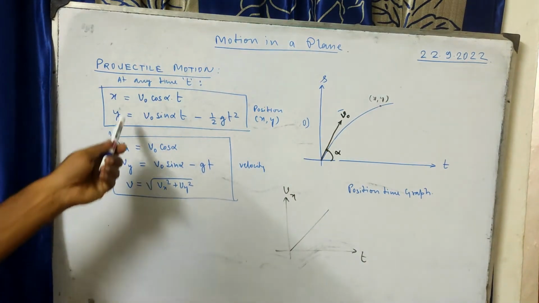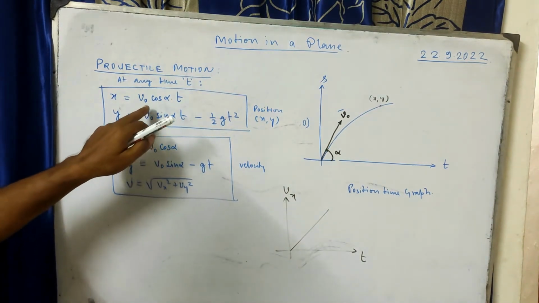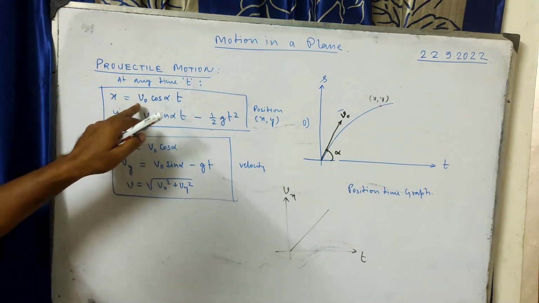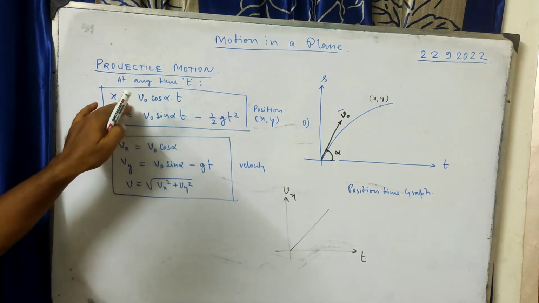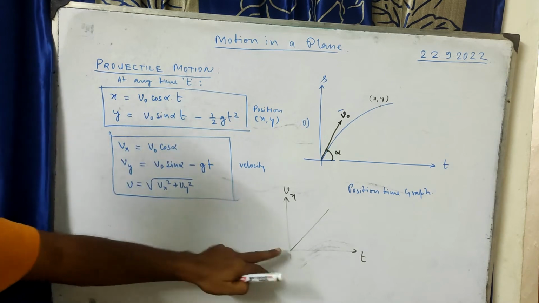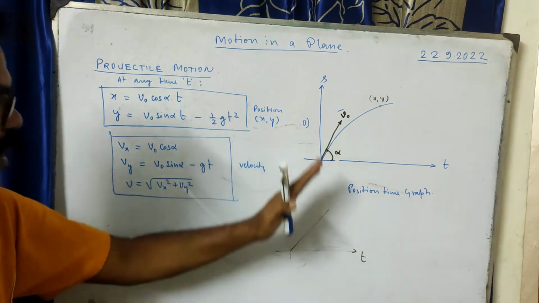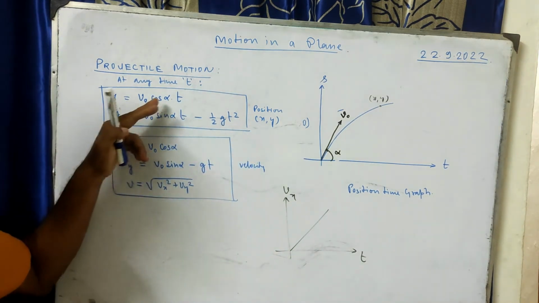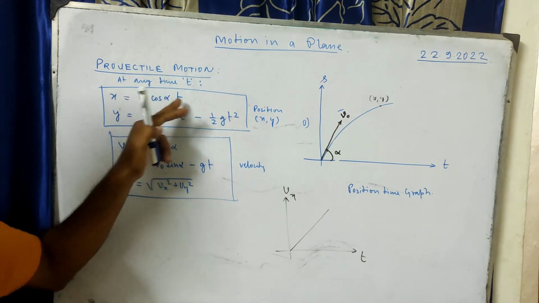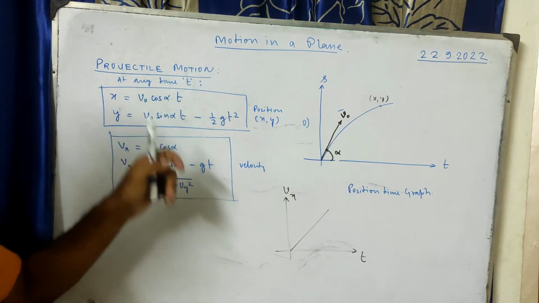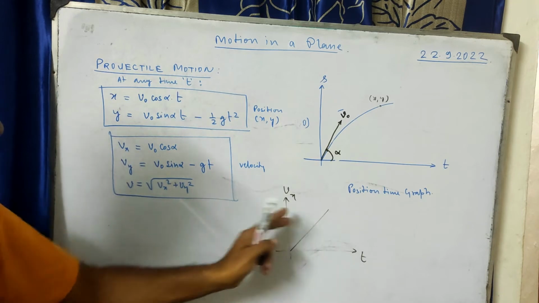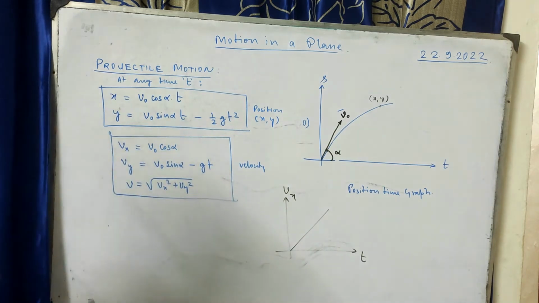Why? It is of the y is equal to mx form. At t is equal to 0 it will be at 0, and then it will follow the straight line. As t increases, it will be constant into 1, constant into 2, constant into 3. So like that it will vary. So this will be linear.